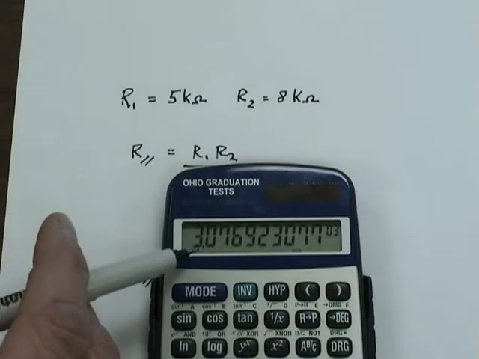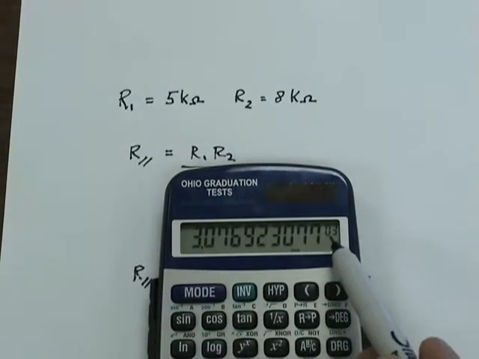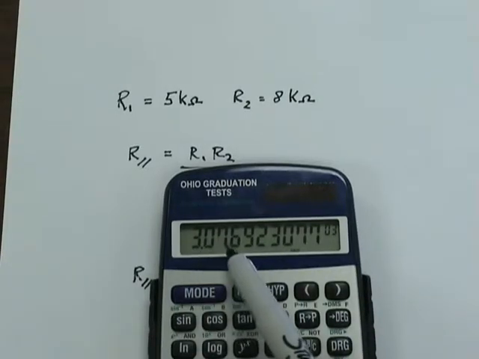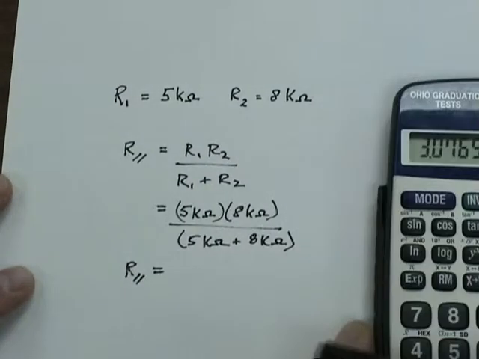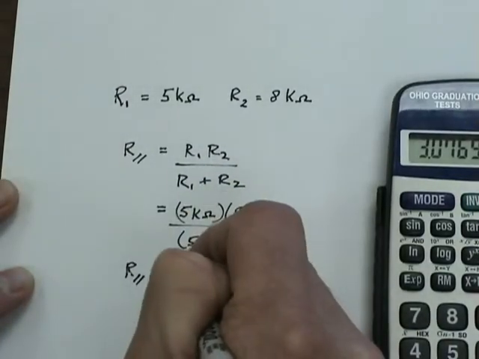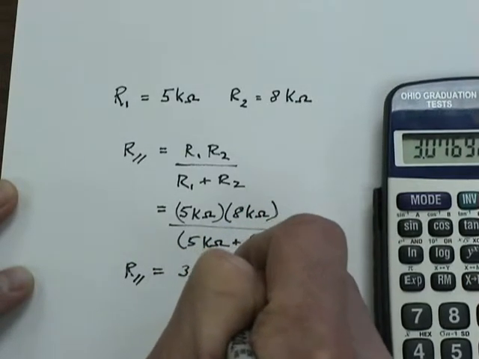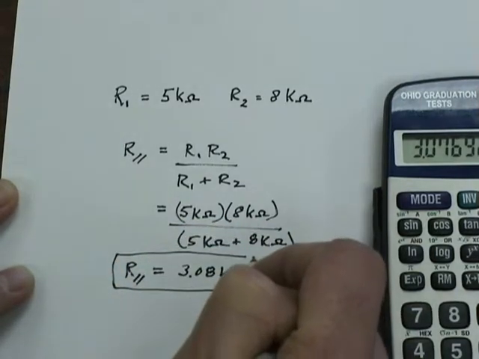It says 3.0769 times 10 to the third. So 10 to the third is our kilo, and our answer is going to be 3.0, and we'll round that 7 up because of the 6 after it, 3.08 kilo ohms. And just as before, box around the answer.